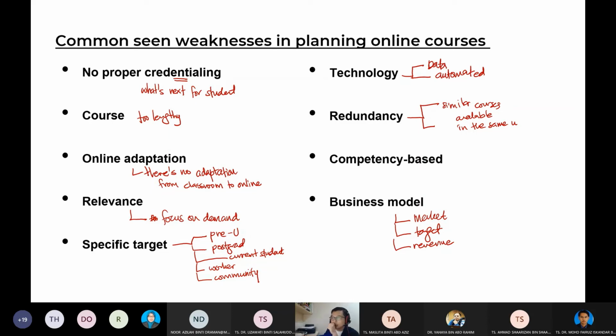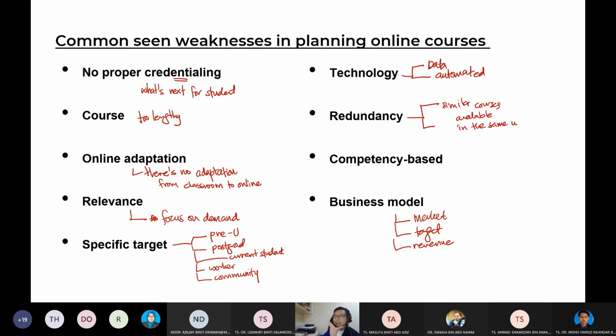University education, school education is not just to prepare you for work. It's to prepare you to become a good citizen of the country, and you can help the community. That's education. But micro-credentials is more on creating skills for the workplace. And this is where I think the money comes from.